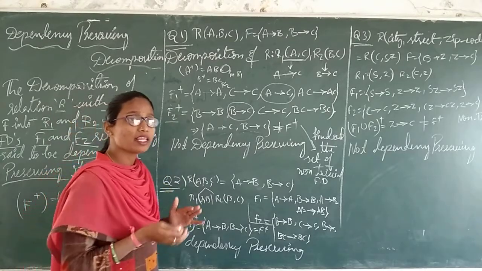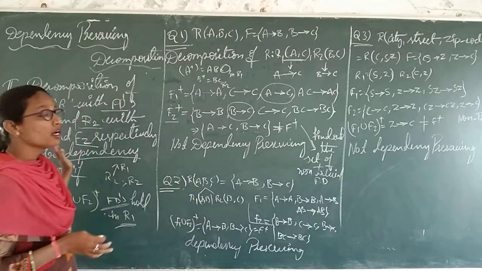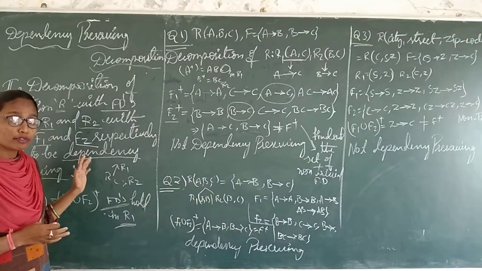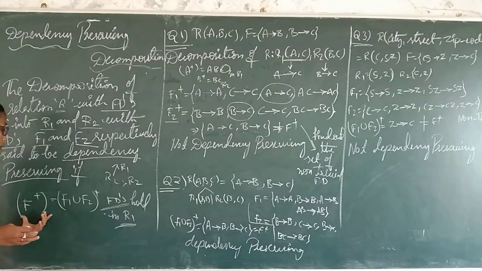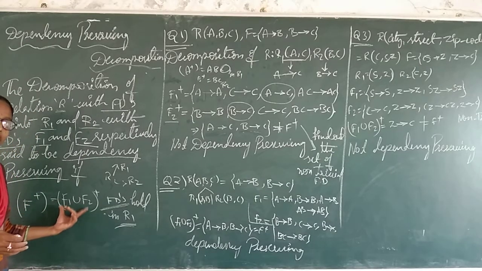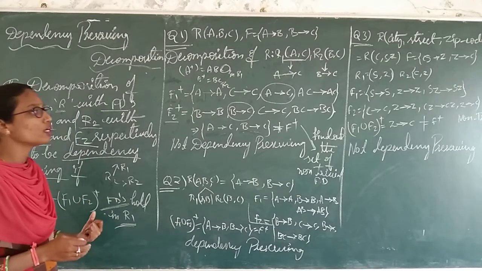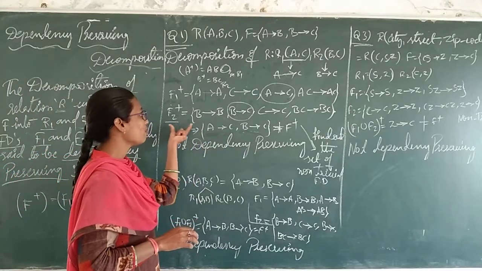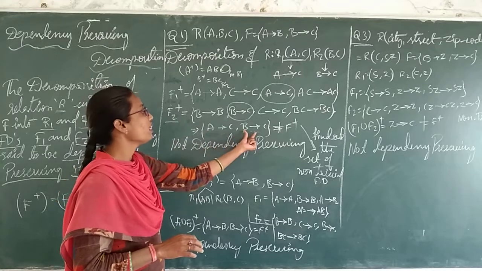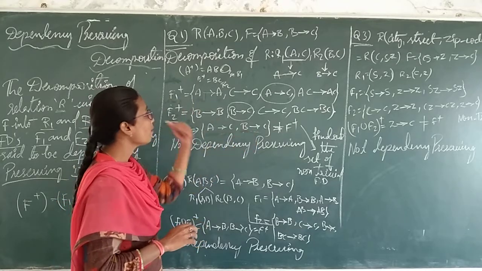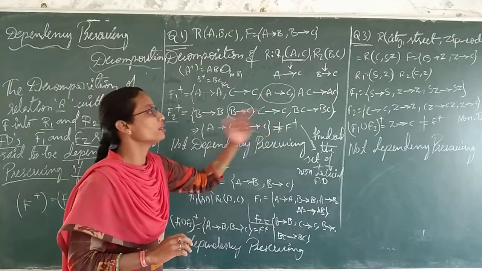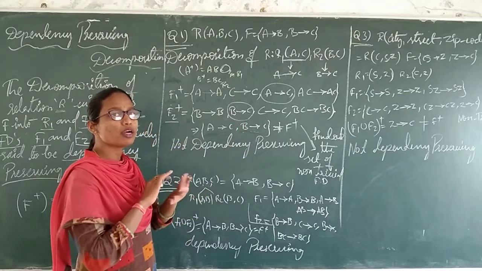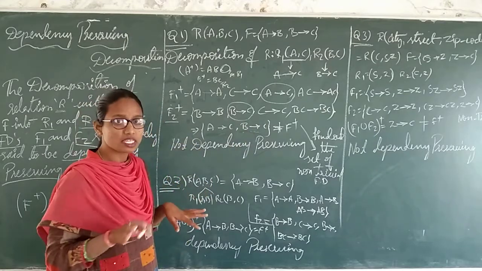Then we apply the formula of dependency preserving decomposition: is F closure equal to F1 union F2 closure or not? A determines C is not in F2 closure, and B determines C is also not in F1 closure. This is not equal to F closure, which means it's not dependency preserving.